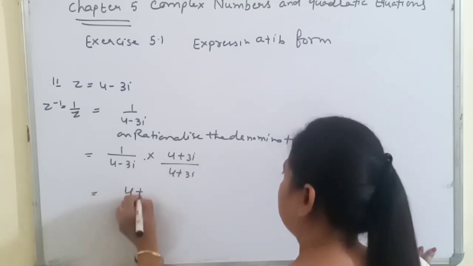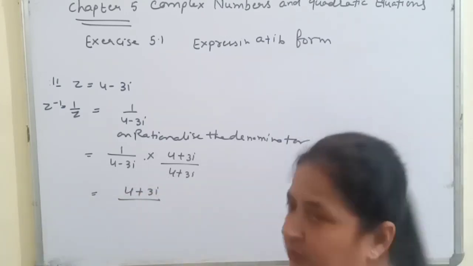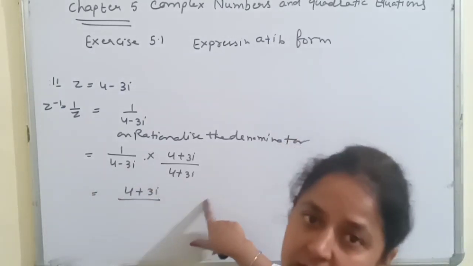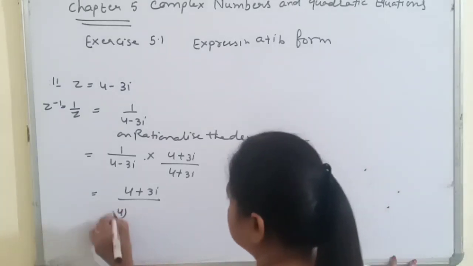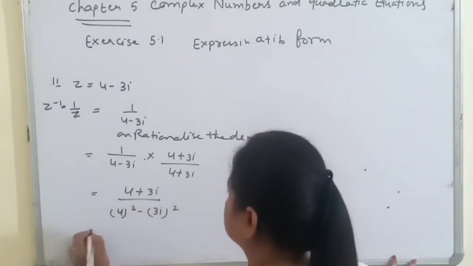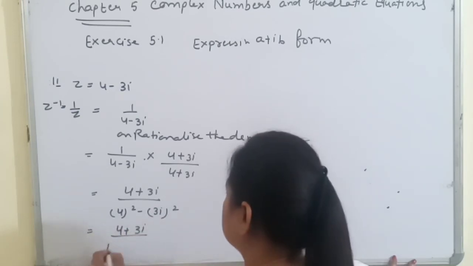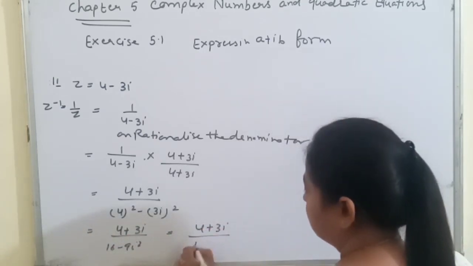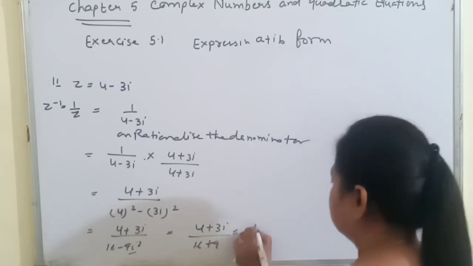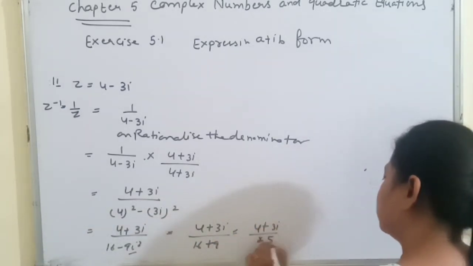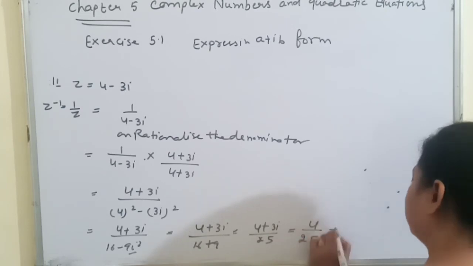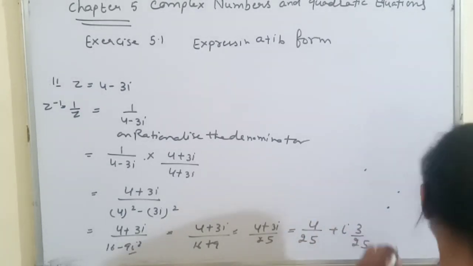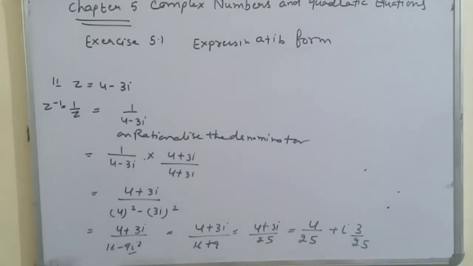Now when we multiply it by 1, at the denominator we can apply the identity a minus b, a plus b, it is a square minus b square. 16 minus 9 iota square, that is 16 plus 9, so the result is 4 plus 3 iota upon 25. So this is in the form 4 by 25 plus iota 3 by 25. Now this was the result for the multiplicative inverse. Let's see the next question.